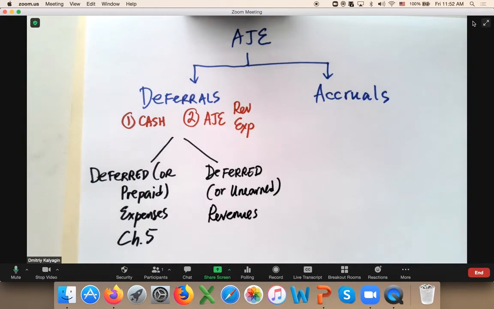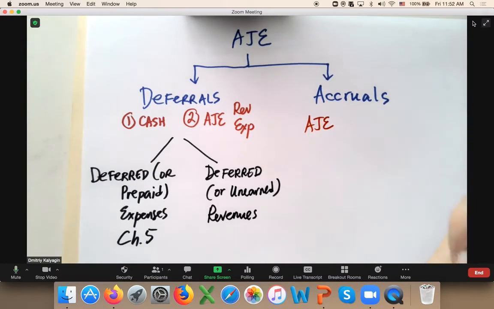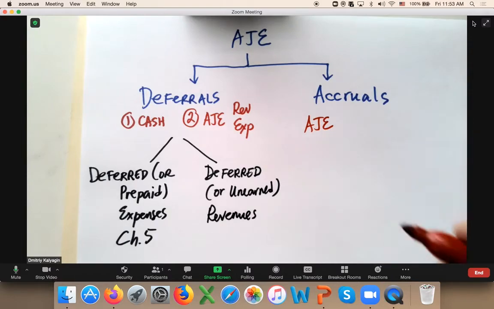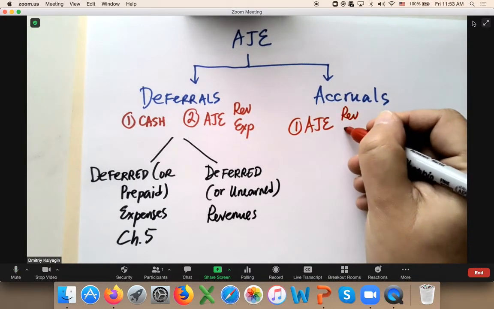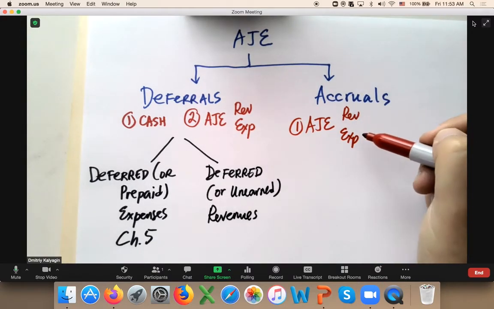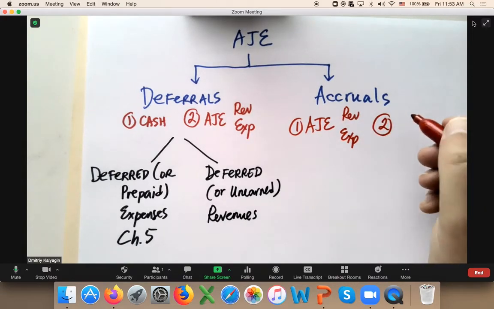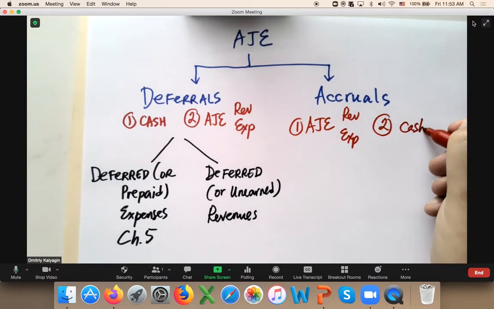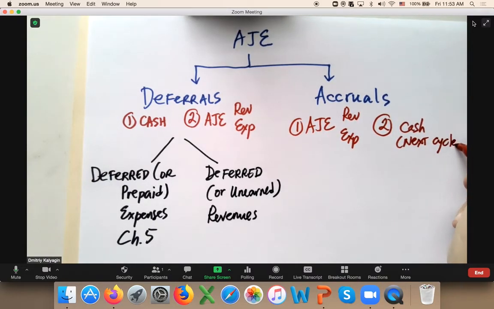Under accruals, we make an adjustment first. Right now, we make an adjusting entry for revenues and expenses that took place, that we earned or that we incurred. But cash will be received or paid later, in the next period.